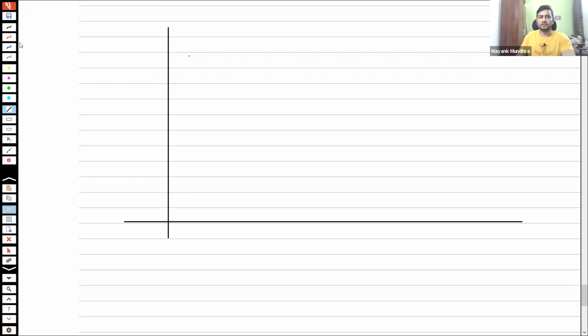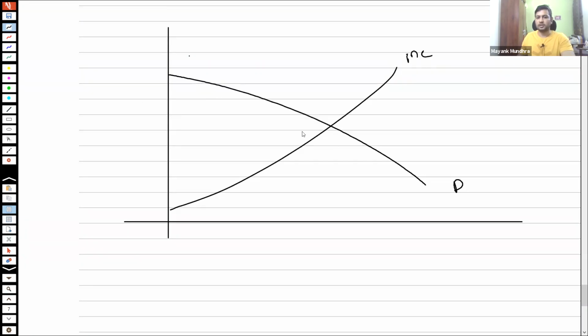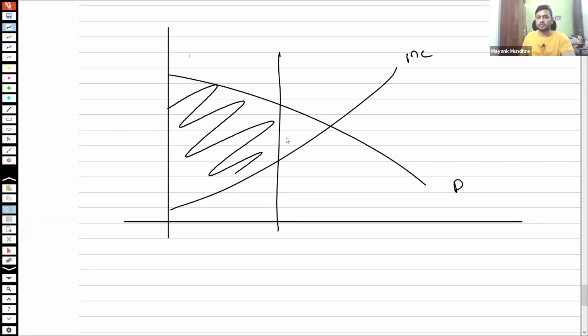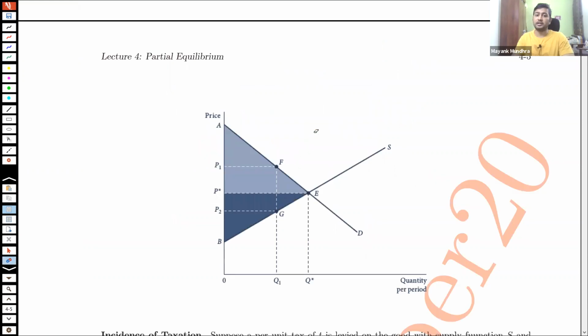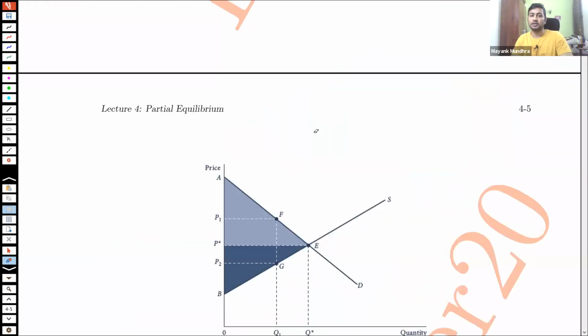So if this is your marginal cost curve, this is, let's say, your demand curve, and this is the quantity, this is the social surplus. So getting the total social surplus is always very straightforward. It is how this social surplus is being divided between government and producers that is going to be the tricky part.